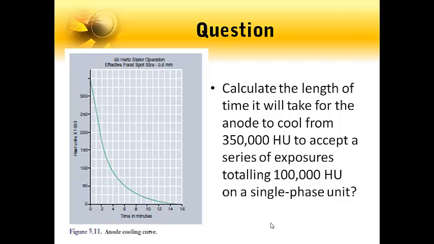So this is the anode cooling chart. We know that the maximum is 350,000. The anode now has the maximum value, and we need another 100,000 heat units. What is the length of time it will take for the anode to cool down?